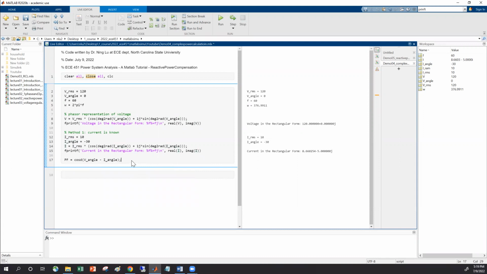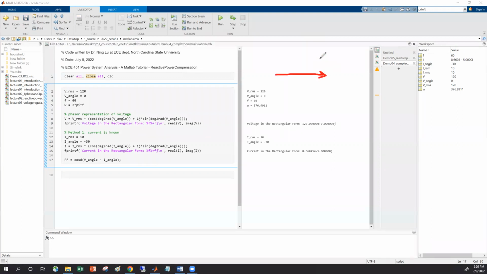That will be my power angle, because this is our V, which is our reference, 120 in polar representation at 0 degrees. And this current is lagging, because this is minus 30 degrees.